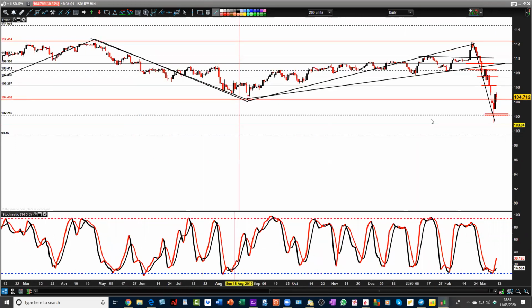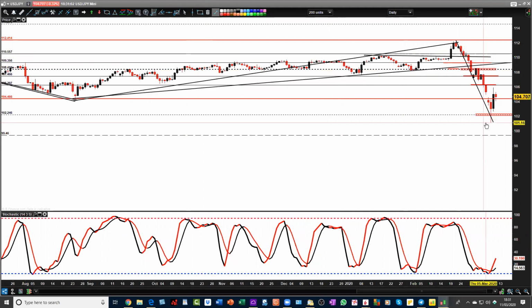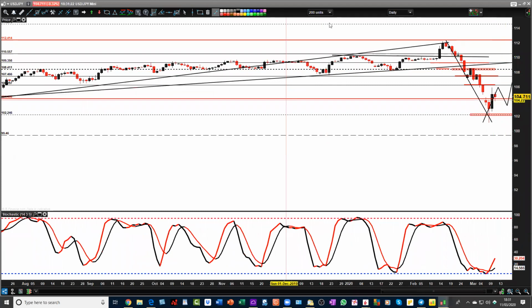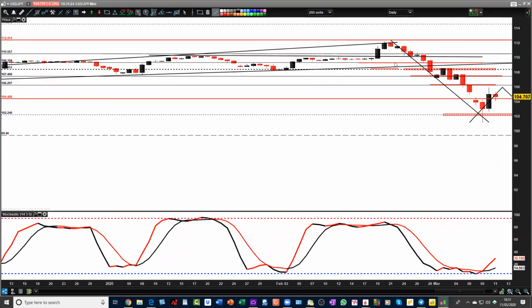So if we now get, we've got a 1-wave correction. If we now get a 2 and a 3-wave correction, the next place to short this one is potentially 107, 108.50 if we get up there. Knock that down to a day trade.